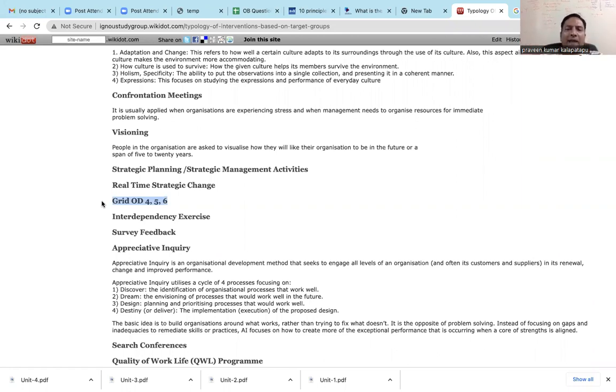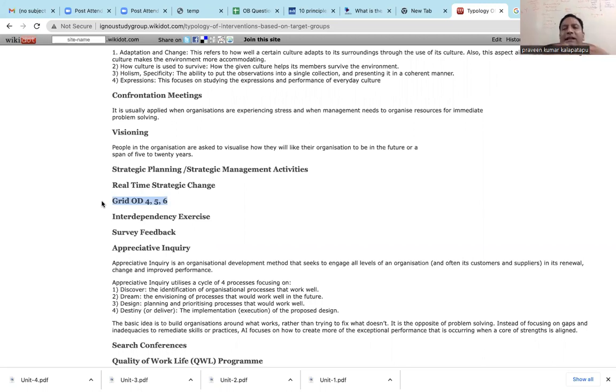Grid OD 4 focuses on the shift to corporate strategies. So grid OD 4 is from the strategic point of view. Grid OD 5 is on implementing the strategy. So OD 4 talks about planning the strategy, OD 5 talks about implementing the strategy, and OD 6 talks about measuring and evaluating the strategy.